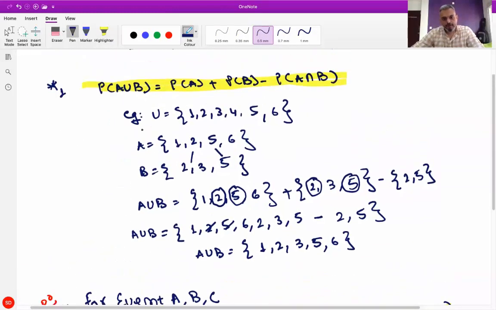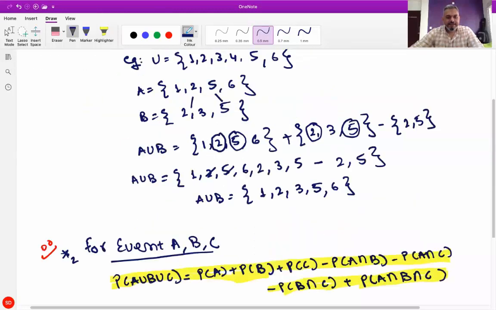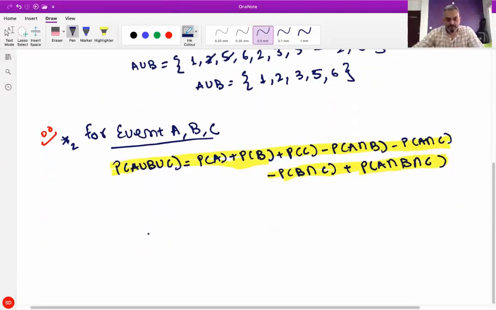One was for events A, B and C, and this one was for events A and B. Now let's take a situation for mutually exclusive events.